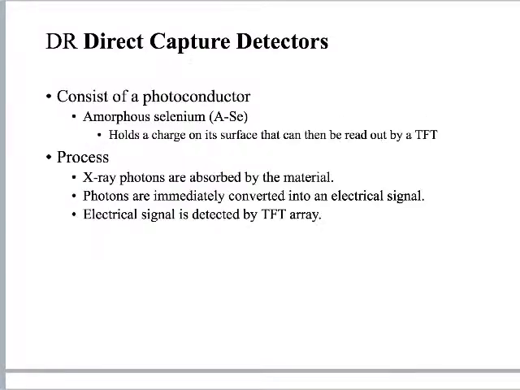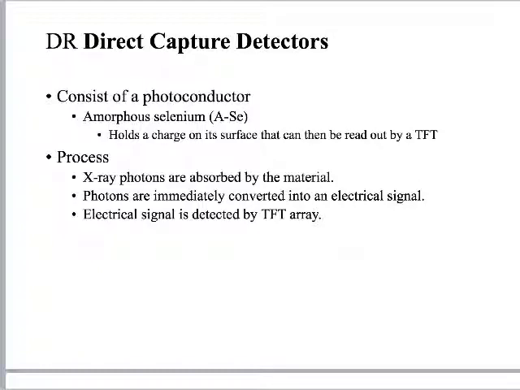But the first thing we're going to talk about with digital is direct capture detectors. When I think about direct capture, I've explained all this crazy stuff that has to happen to produce a CR image, right? You have to capture it in a crystal, the crystal gets scanned with the laser and gives off blue light, and so on. That's a whole lot.